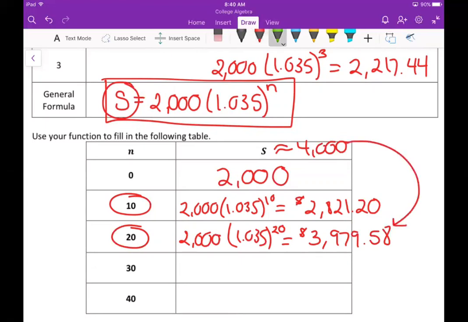So what we're seeing is that after 20 years, we just about double our money. Even if you go to 21, you'll be a little bit past 4,000 there. So I'm going to say my doubling time then is about 20 years, because after 20 years, I get very close to that doubling of my money at 4,000.